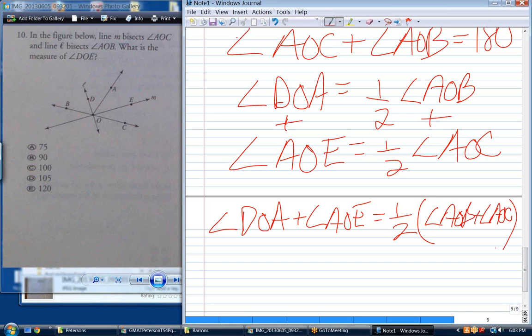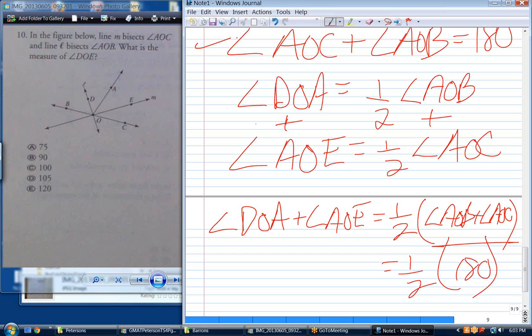You with me? And what is this equal to? From this line right there? 180. So what's half of 180? 90. And that fits with the picture. That looks like a 90-degree angle.